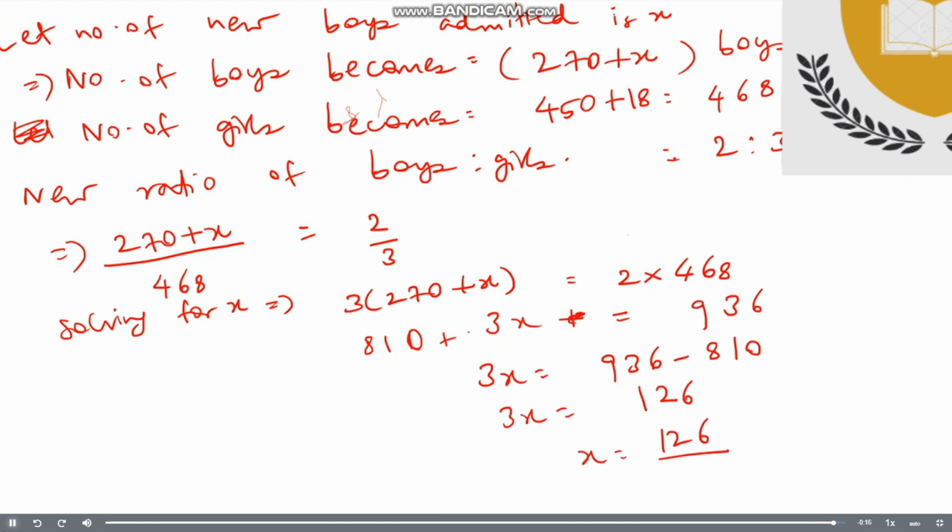X is equal to 126 by 3, which is 42. X is equal to 42 boys. Number of new boys admitted is 42.